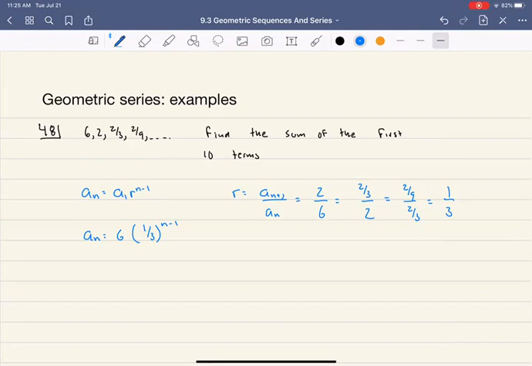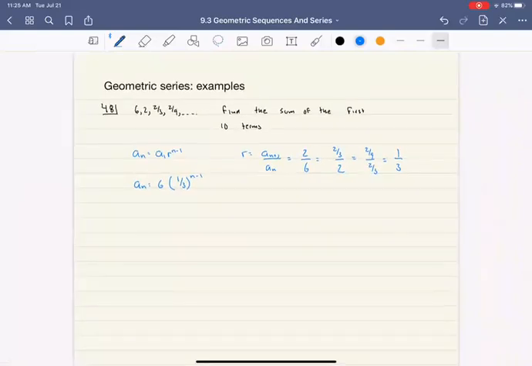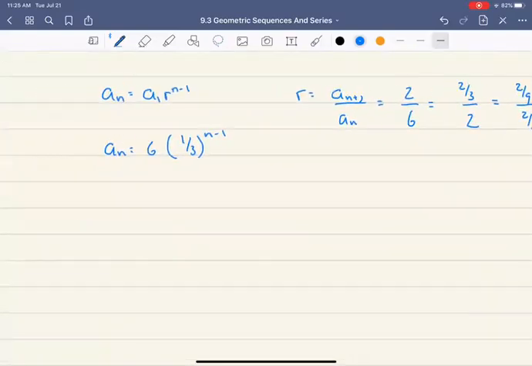Now, let's find the sum of the first 10 terms. So we're going to take the sum, n equals 1 to 10, of 6 times 1/3 to the n minus 1.